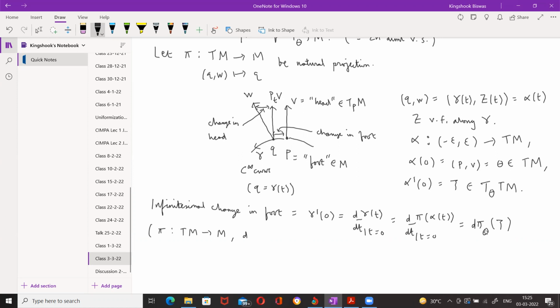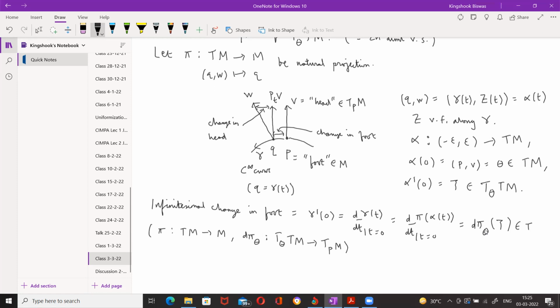So d pi_theta, where will it go from? d pi_theta will go from T_theta TM to T_pM, right? Okay, so this is the change in the foot.